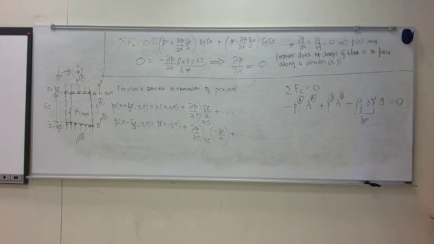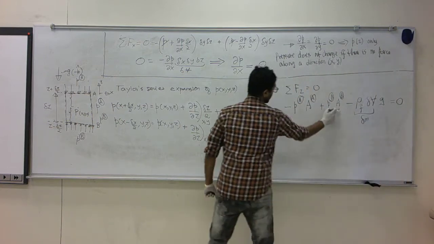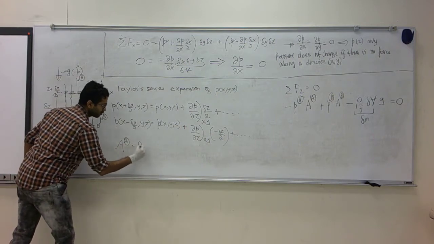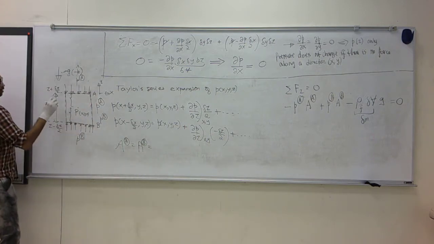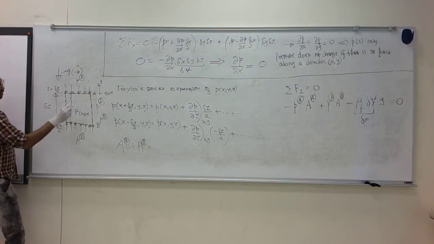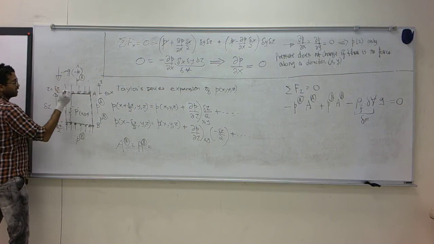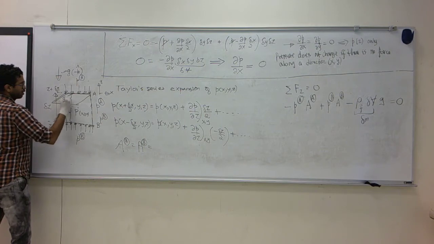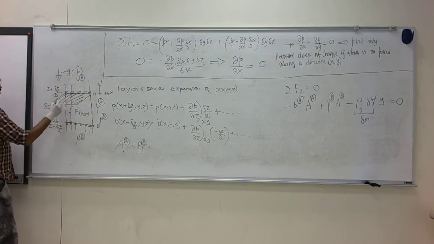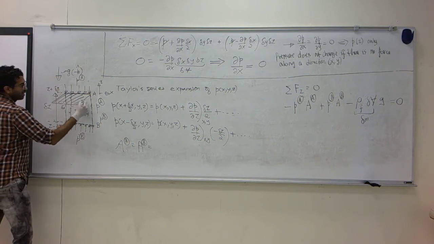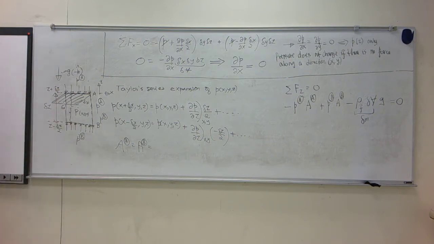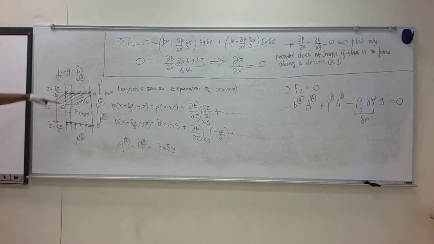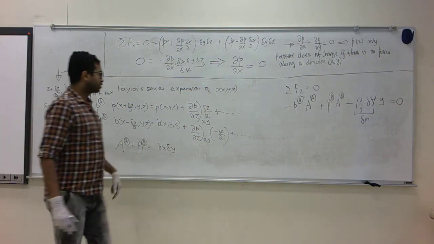Okay. Now, one thing that we didn't discuss is what is the area of the top face and bottom face. This is x, this is z. The area is delta x and then delta y. So you have delta x times delta y being the areas of the top and bottom face. Let's put all this together.